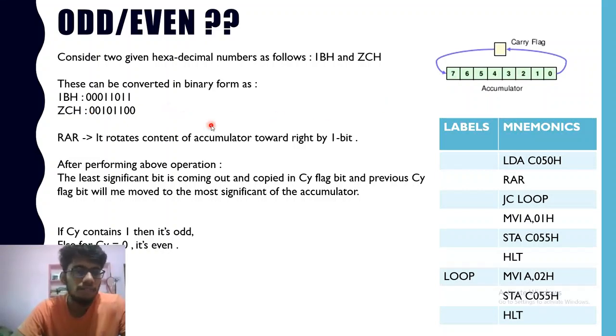Then first we will load our given numbers in the C050H memory location. Then we will use the instruction RAR, which will rotate the content of our accumulator by 1 bit. As you can see here, the least significant bit will be stored in the carry flag bit, and based on that, if it contains 1, then it's odd, otherwise it is even.